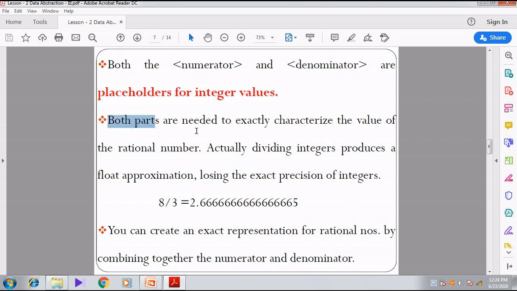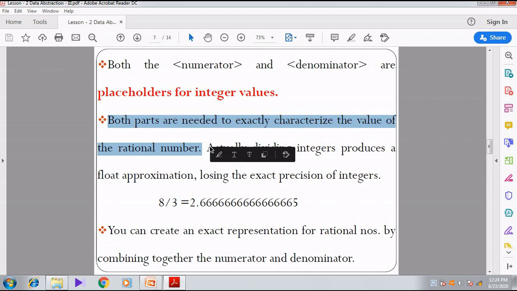Both parts are needed to exactly characterize the value of the rational number. Without the denominator we cannot do anything, and without the numerator also we cannot do anything. In mathematics, a rational number is a number whose denominator should not be 0.